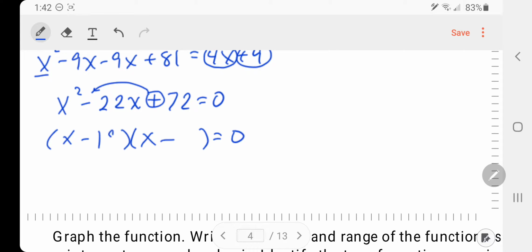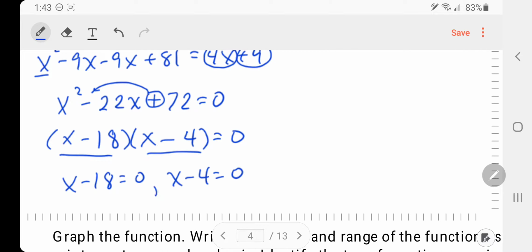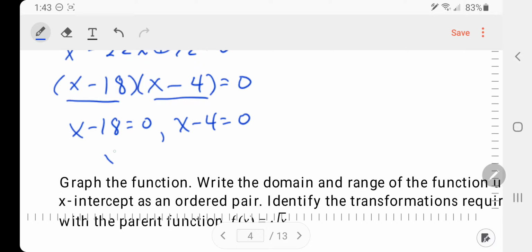Found them. 18 and 4. So 18 times 4 is 72. 18 plus 4 is 22. And now we can set each factor equal to 0. And that's going to give us x equal 18 and x equal 4.